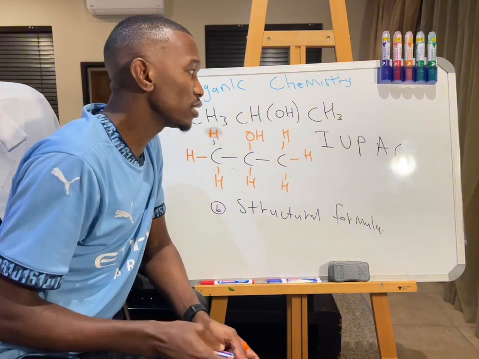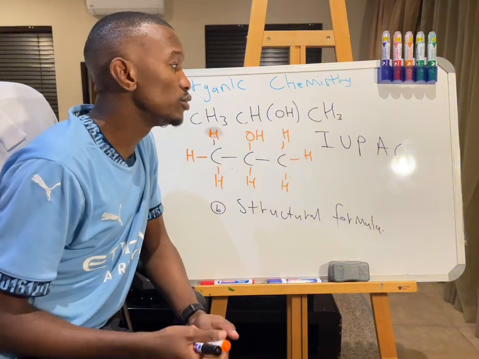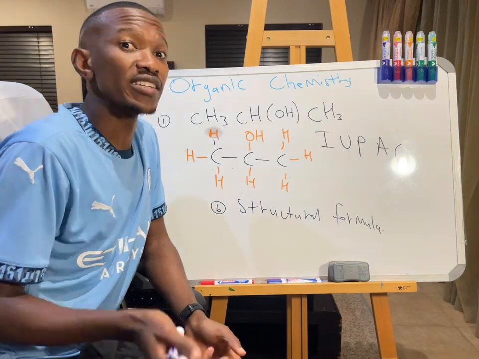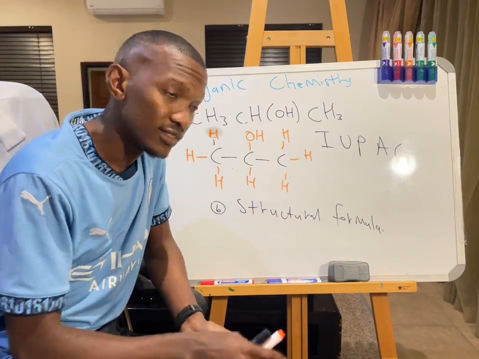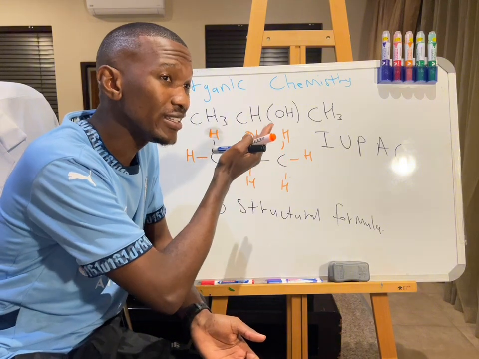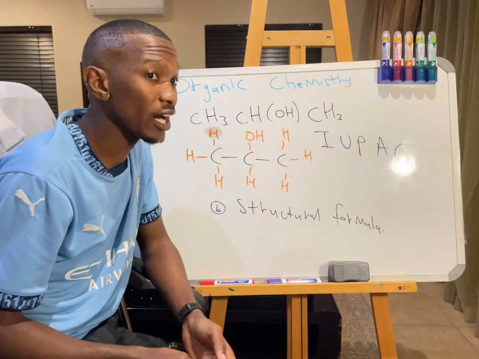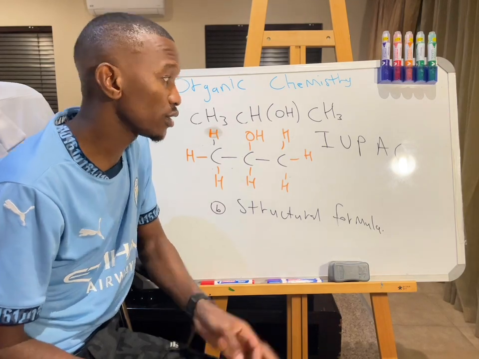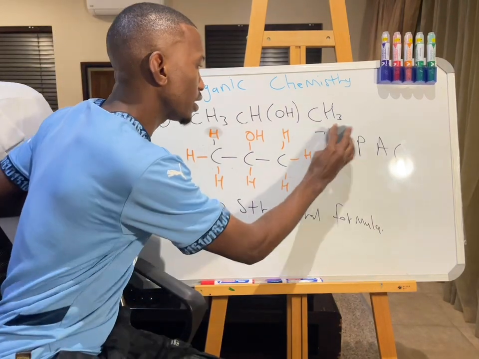Someone will say International Unit of Applied Chemistry. Someone will say International Union Applied Chemistry. It comes up in most cases, even in varsity you'll still find this one, in multiple choice. So you better know what each and every word stands for. Okay, good stuff.